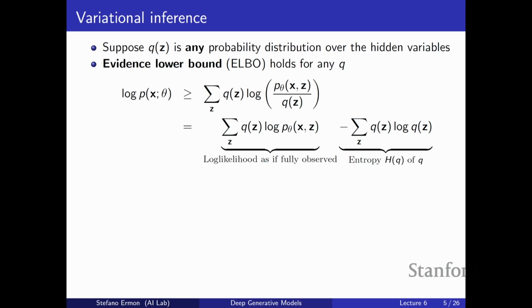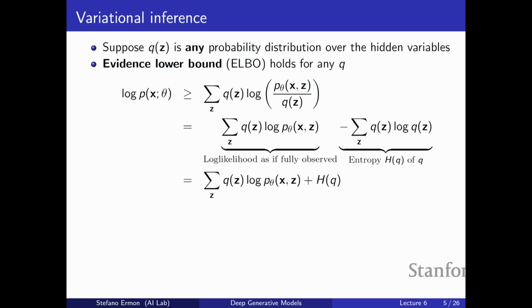The only difference is that you are inferring the latent part using Q. Then there is another piece which does not depend on your generative model, it does not depend on P at all. It's only a function of Q: the expected value under Q of log Q, which is what we've called in previous lectures the entropy of Q. It tells you how random Q is, how uncertain you should be about the outcome of drawing a sample from Q.